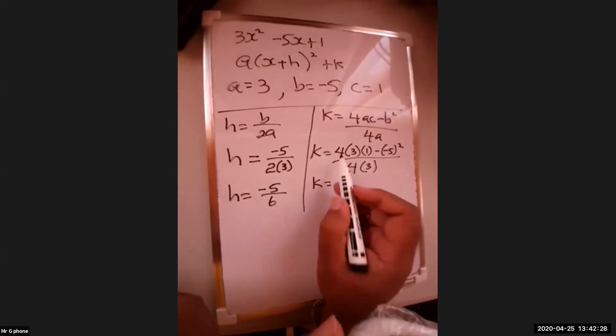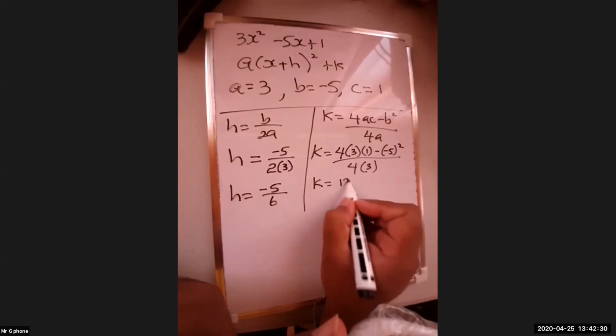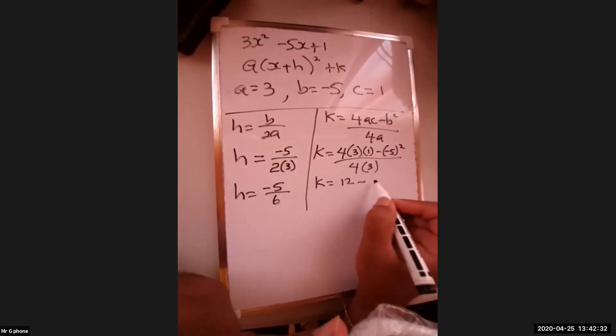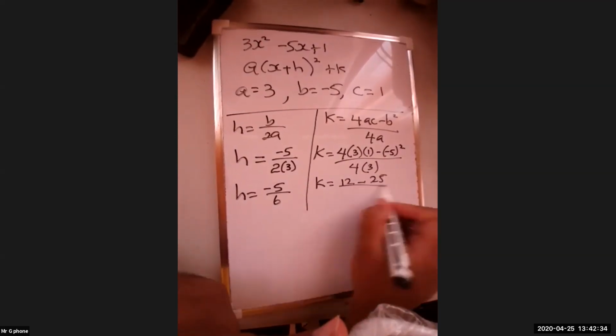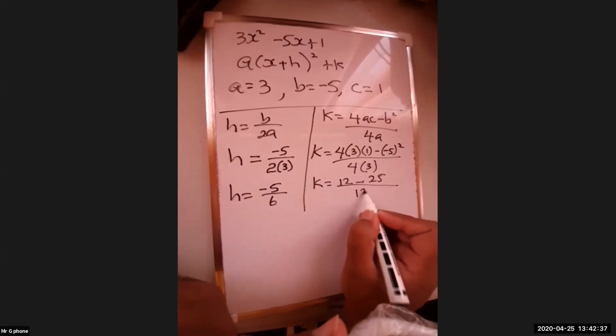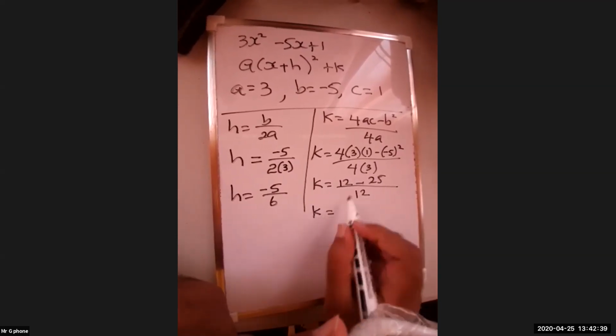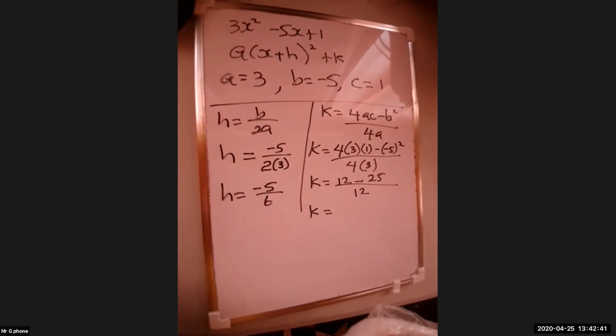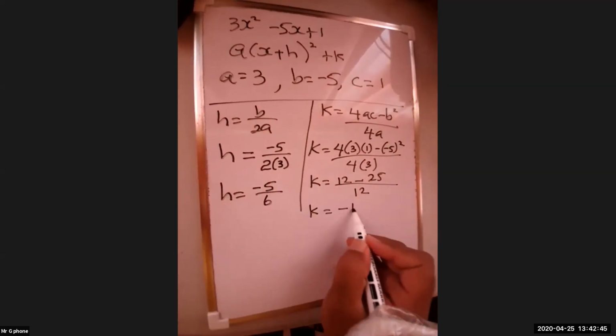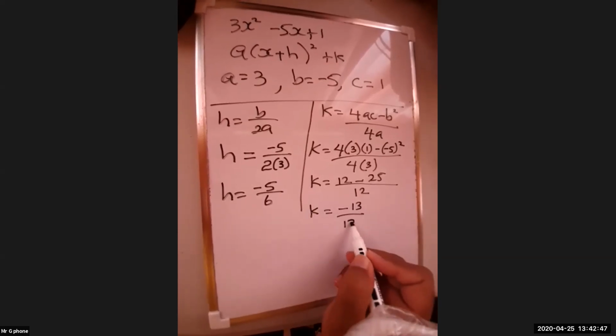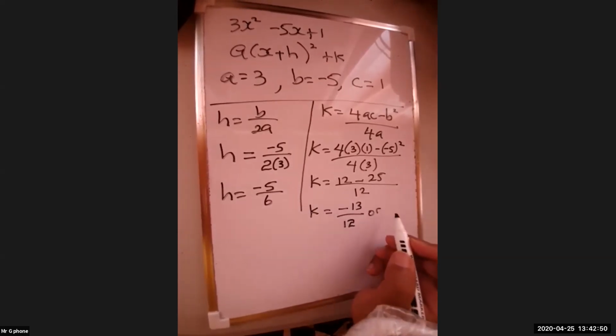So k is equal to 4 by 3 is 12, by 1 is 12, minus 5 squared is 25, all over 4 by 3 is 12. 12 take away 25 is how much? -13 over 12.